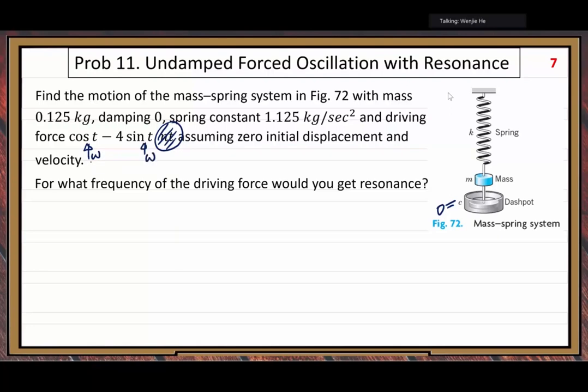This omega parameter can determine the frequency of the driving force. The frequency is omega over 2 pi, right?